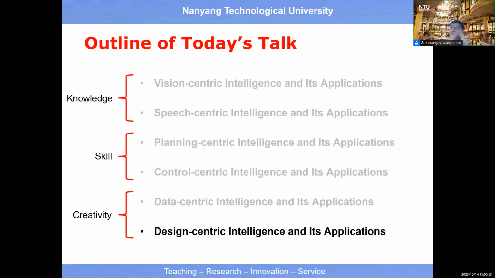Okay, so from that video, you see we are quite close towards achieving the scenario of Industry 5.0.